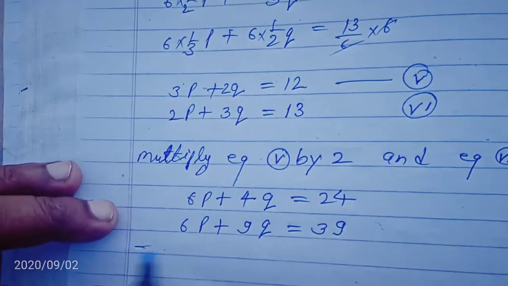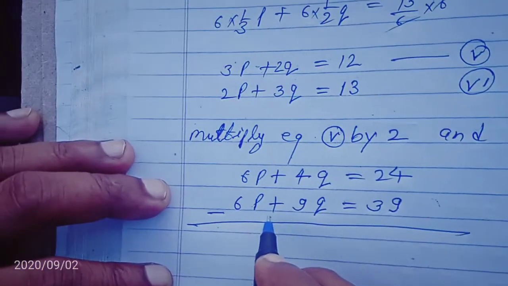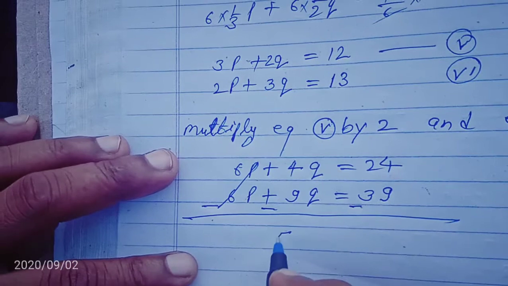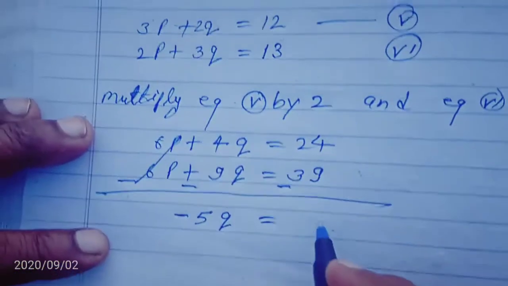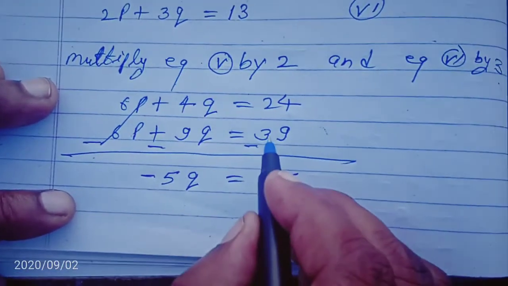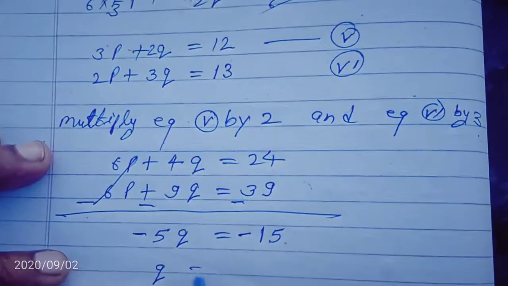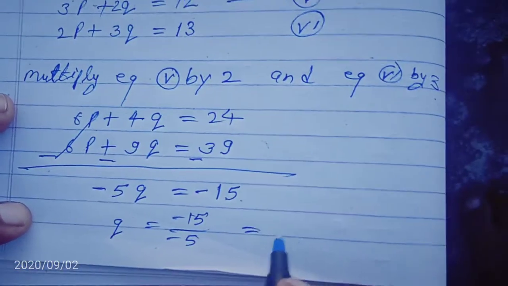Now subtract. Minus minus, the 6p cancels. 5q is equal to 15. Therefore q is equal to 15 by 5, which is equal to 3.